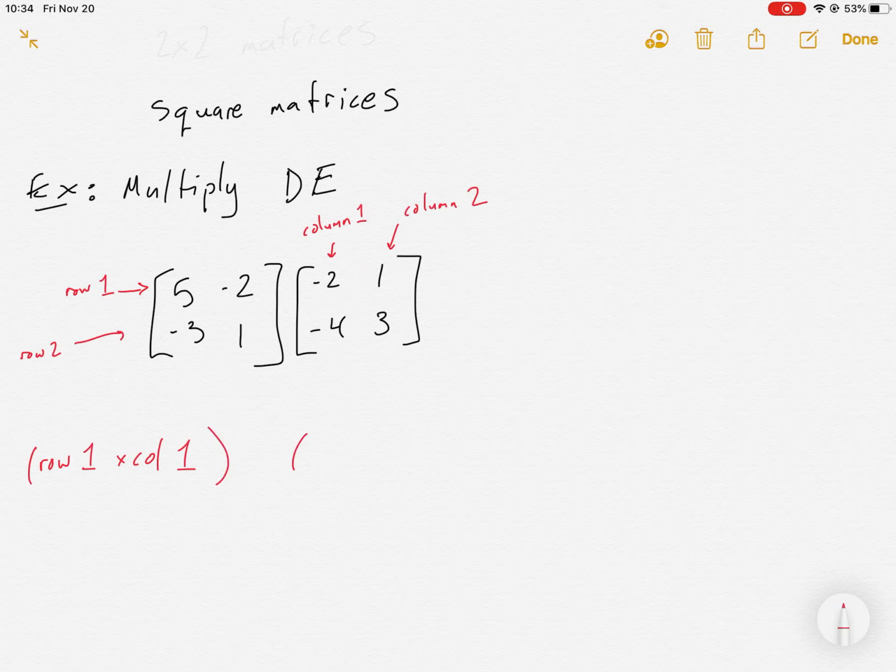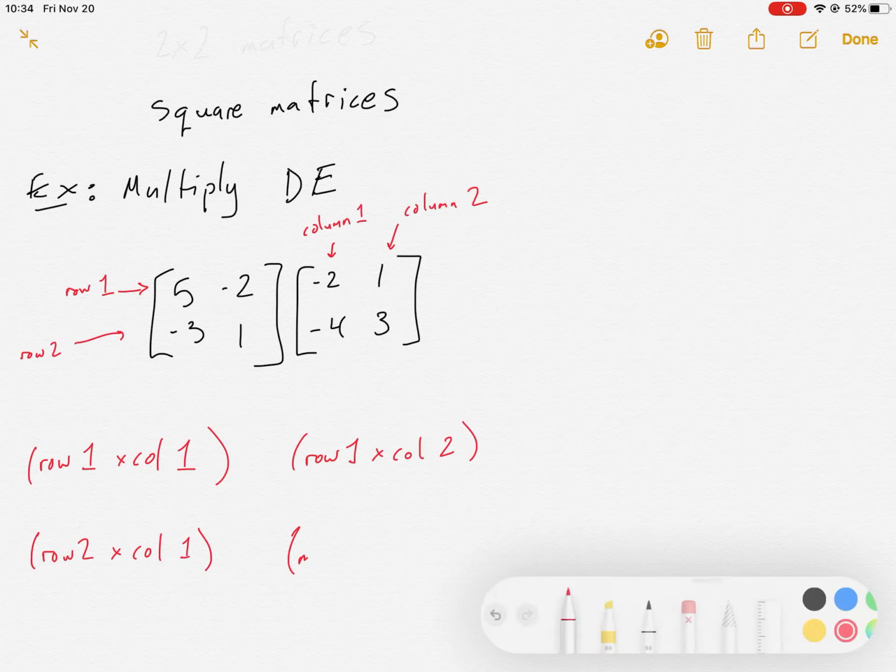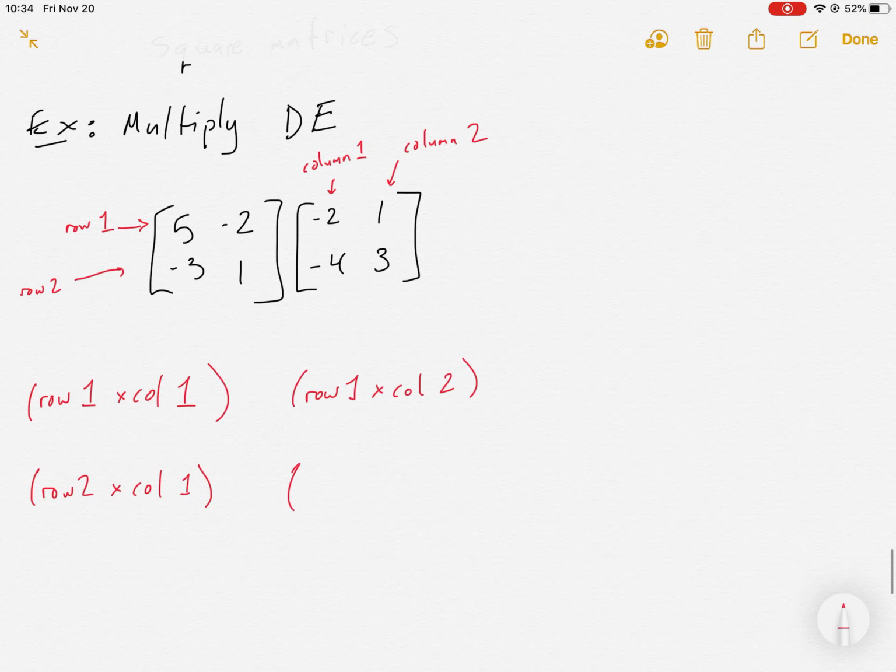And then I'll explain a little bit more because it still doesn't really make sense if you go component by component. But then I'm going to do row 1 times column 2. And then I'm going to do row 2 times column 1. And then I'm going to do row 2 times column 2.